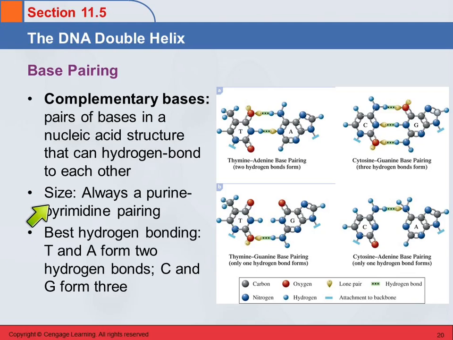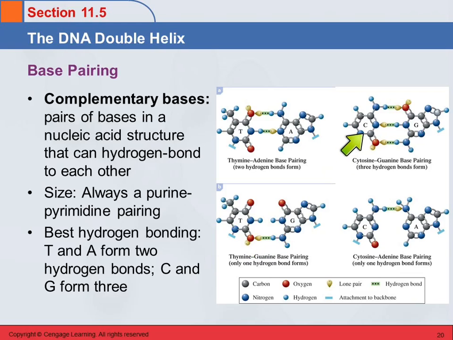So with the size, we're always going to have a purine-pyrimidine pairing. And then, is it thymine with adenine or is it thymine with guanine? Well, it's going to be thymine with adenine because these two can form two hydrogen bonds. If thymine pairs with guanine, it can only form one hydrogen bond.